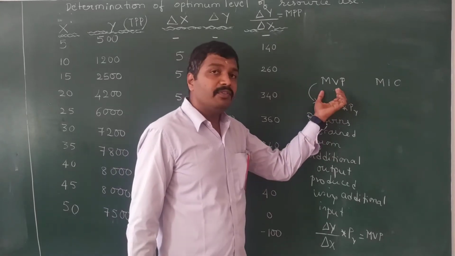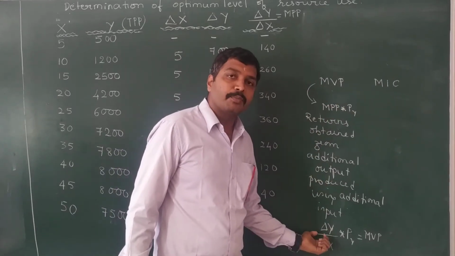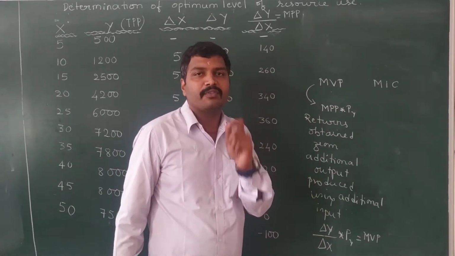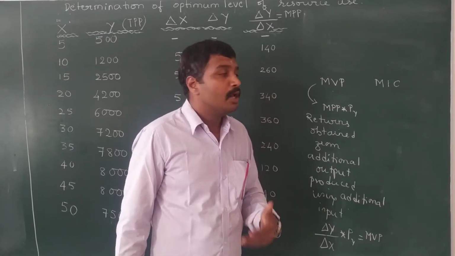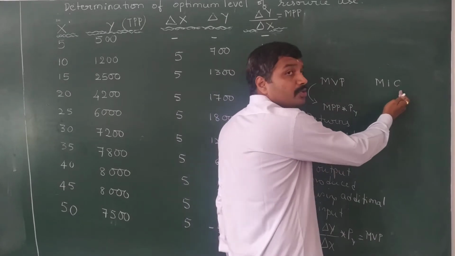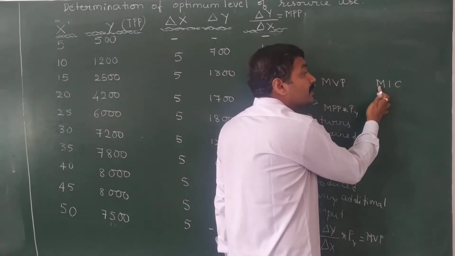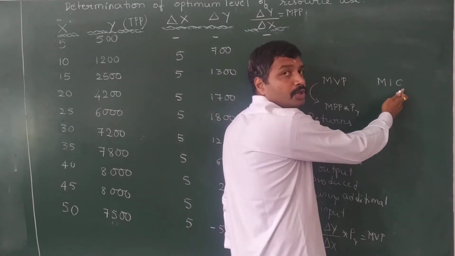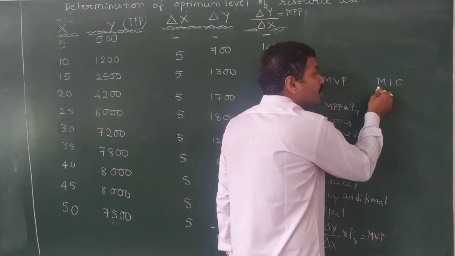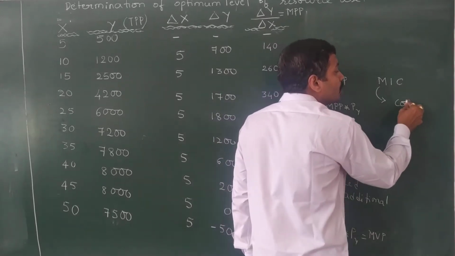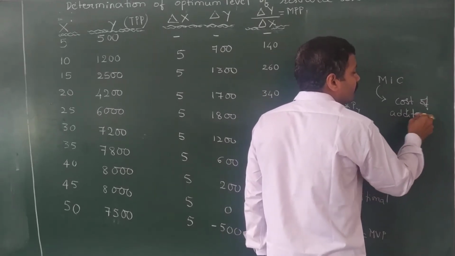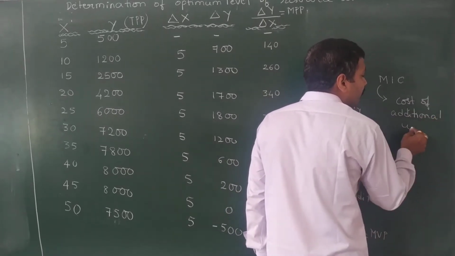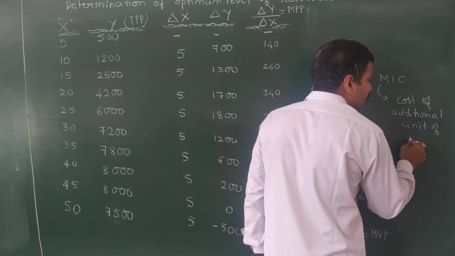Whenever you are using that additional unit of input, you know that it is not available free of cost. For that you need to pay something, is it not? You need to incur it. So that becomes the cost side. We call it marginal input cost. So marginal input cost is nothing but the cost of an additional unit of input.